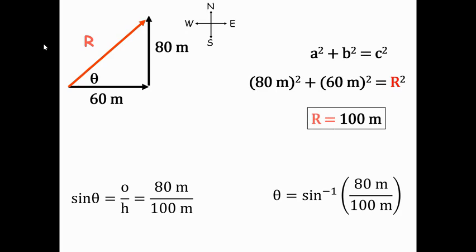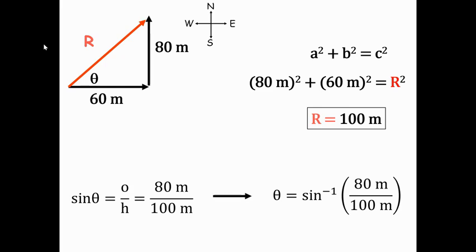I could use the Pythagorean theorem to solve for the magnitude of the resultant. a squared plus b squared equals c squared, where c is the resultant vector, the hypotenuse. And if I plug those values into the formula and solve for r, I get the same answer, 100 meters as the magnitude of my resultant vector.